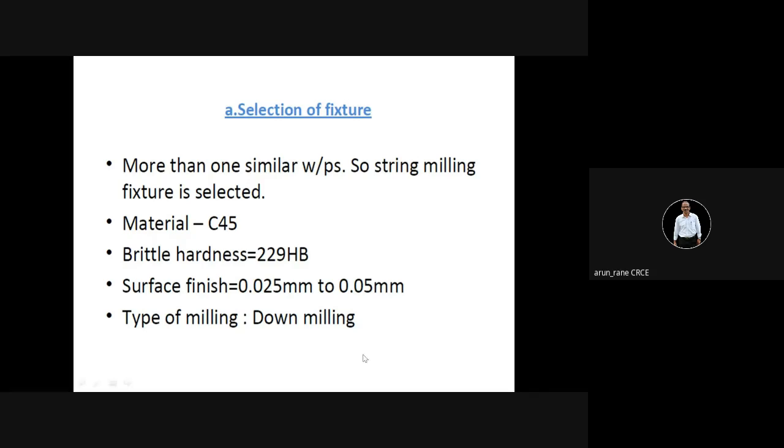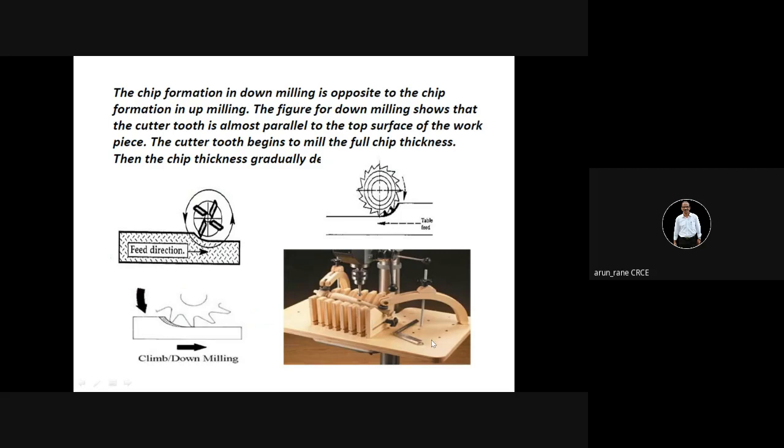As I told, the plate material is MS, and wherever the cutting tool is in contact, that material has to be harder. So it can go for EN24, EN36 or OHNS, that is oil hardened non-shrinking tool steel.